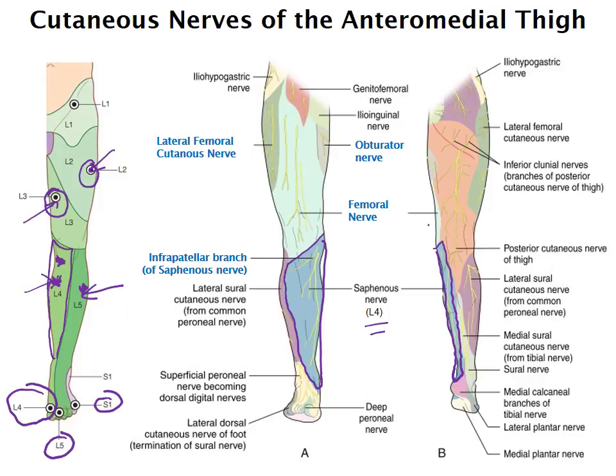So if you remember, this would have been the equivalent in the hand of C6, C7, and C8. Well, I'm going to cross those out so you don't get confused. But L4 for the great toe, L5 for the second or middle toe, and S1 for the pinky toe.